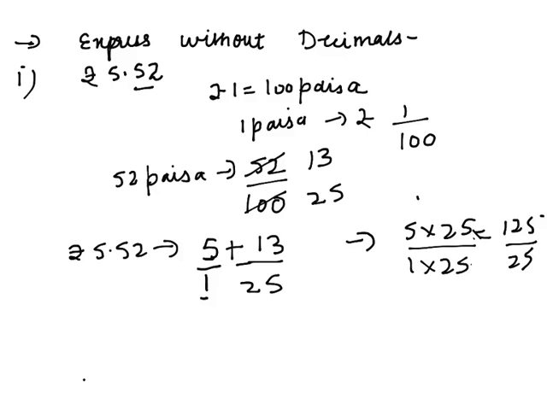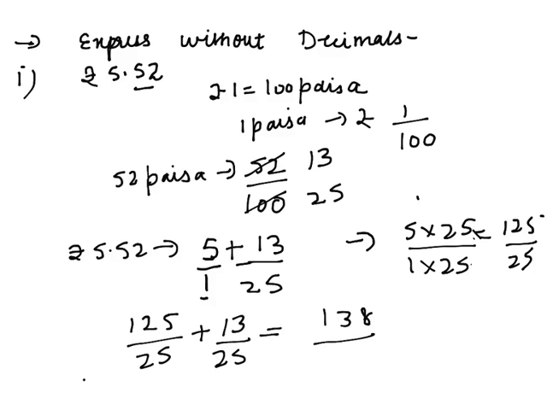So 5 converts to 125 by 25, and here we have 13 by 25. Now we can add these two. So what will we get? 138 by 25. So here is how we represent rupees 5.52 without using the decimal.